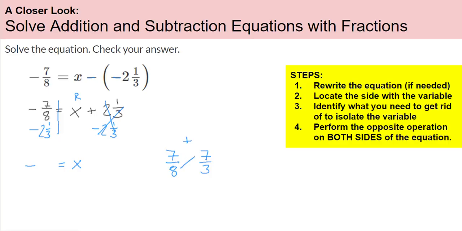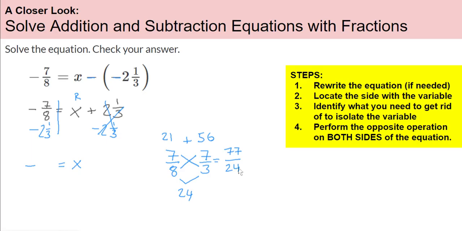Using the butterfly method, we multiply 7 times 3 to get 21, and 8 times 7 gives me 56. At the bottom, 8 times 3 is 24. So 24 is on the bottom, and 21 plus 56 gives me 77.